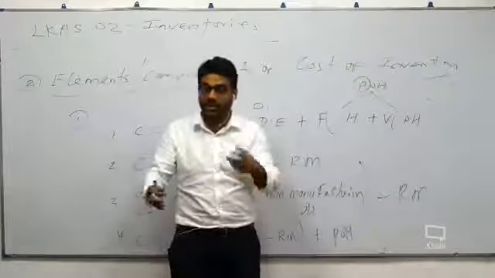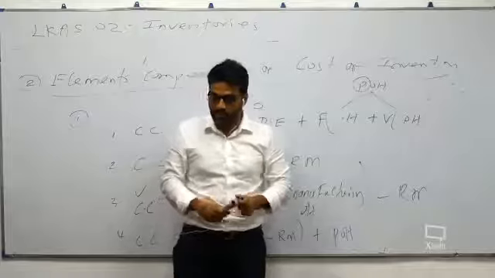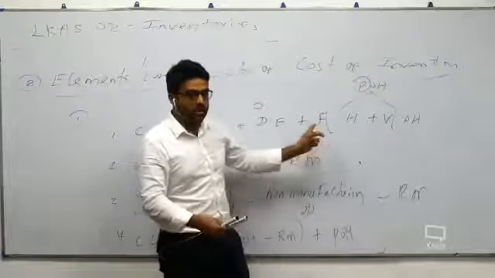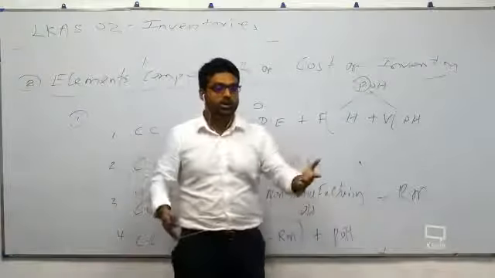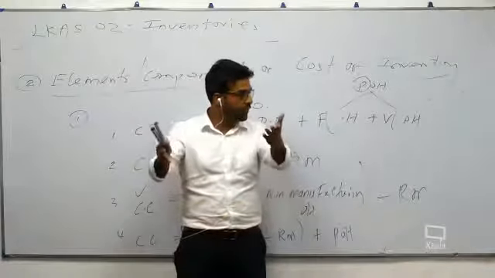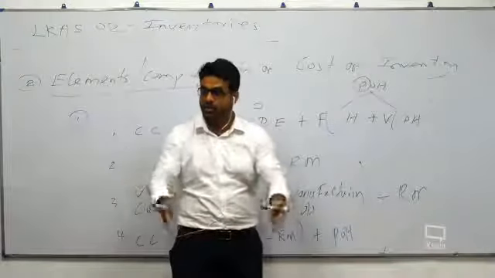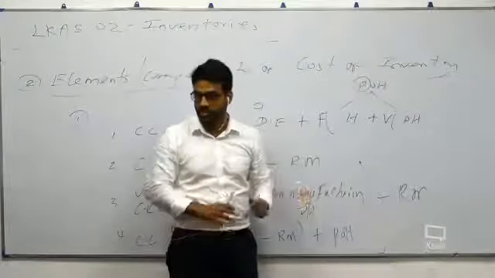Seriously, take these formulas seriously. If I just say fixed overhead, it is wrong. Why? Administrative expense is also fixed overhead. If you're running an office, a lot of fixed overheads are there: rent, office electricity. You don't record any office expenses here, only factory.